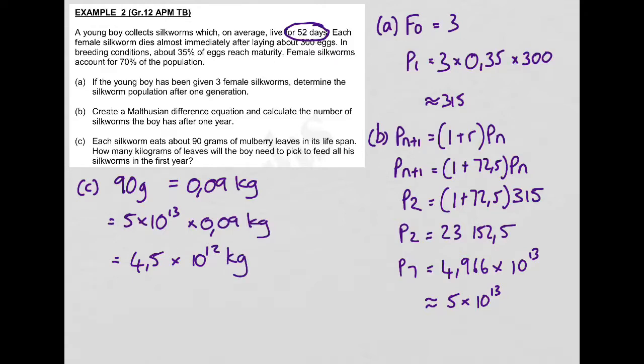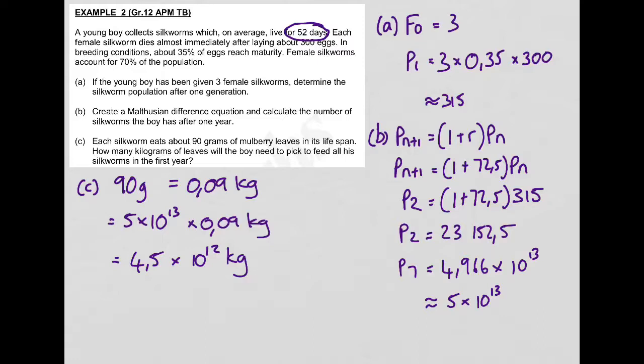At this point, your answers to B and C should be proof to why this model is actually a bit unrealistic, because there are many, many other factors that would come into play, particularly if you're keeping silkworms as pets, because there's very little light and a whole lot of other factors as well.